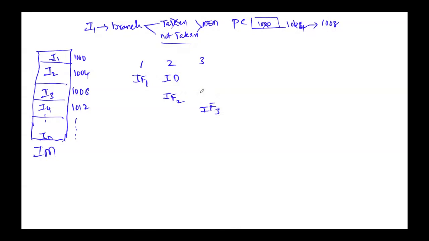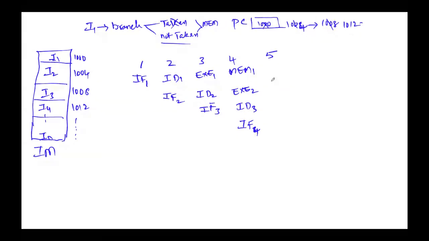Instruction 3 is fetched, instruction 2 enters instruction decoding, and instruction 1 enters execution. In the fourth cycle, the program counter is updated with the next address as soon as fetching is done. The first one goes into memory access, the second one goes into execution, the third one goes into instruction decoding, and the program counter automatically increases to 112, so the fourth instruction will be fetched, and this process continues.